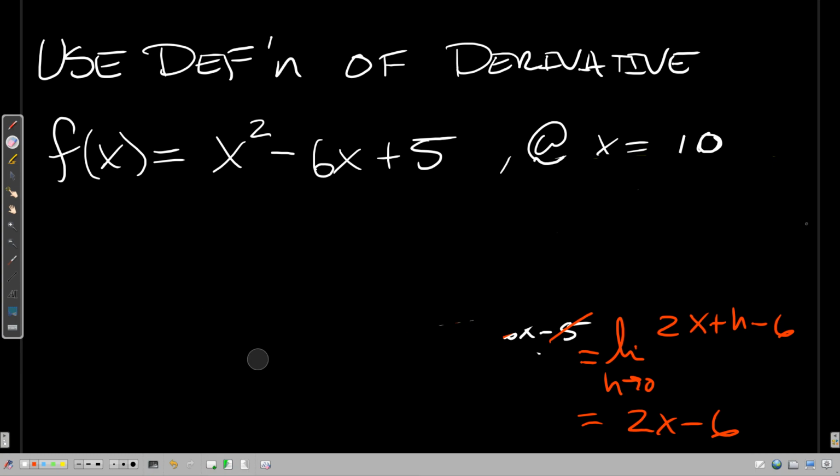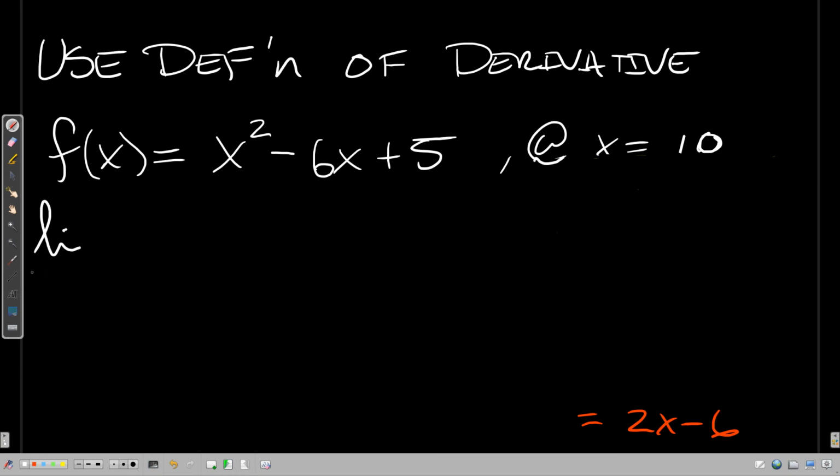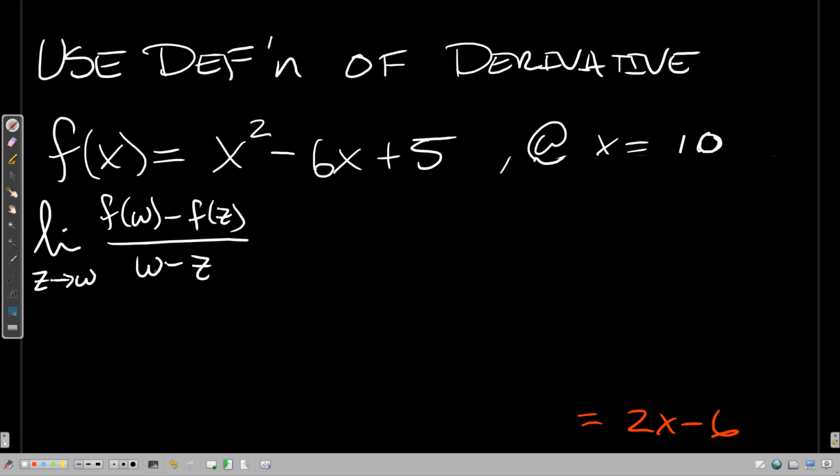Let's do it like that, and you will see that we still get 2x minus 6. So I'd want to take a limit as z goes to w of f of w minus f of z over w minus z.